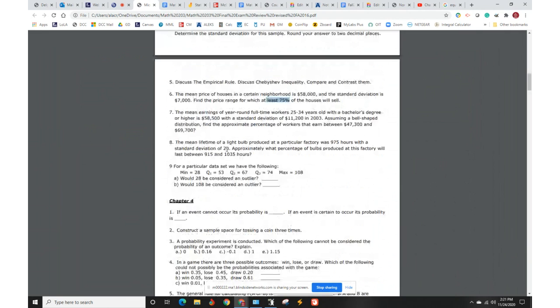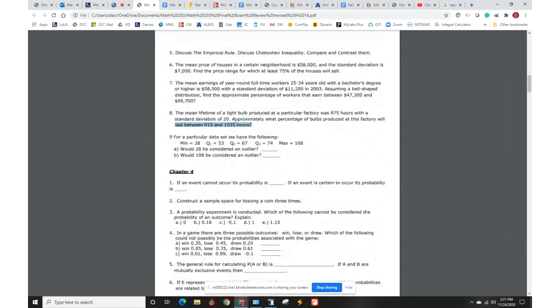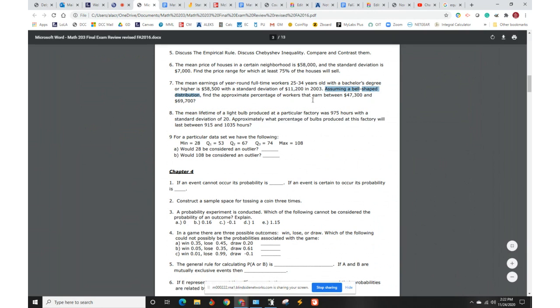Like, for example, here it says, assuming a bell-shaped distribution. All right, so that means you go into the 68 and the 95 and the 99.7. And so find the approximate percentages of workers that earn between 47.3.